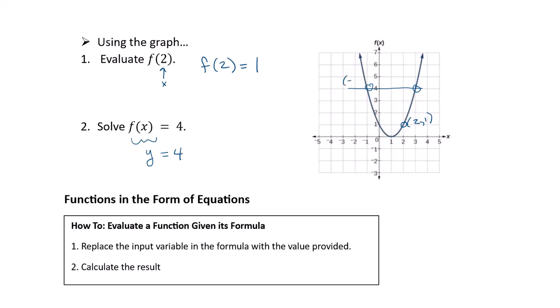That point is (-1, 4), but we also have (3, 4). So we get two solutions here, x equals -1 and x equals 3. Those are the solutions to f of x equals 4.